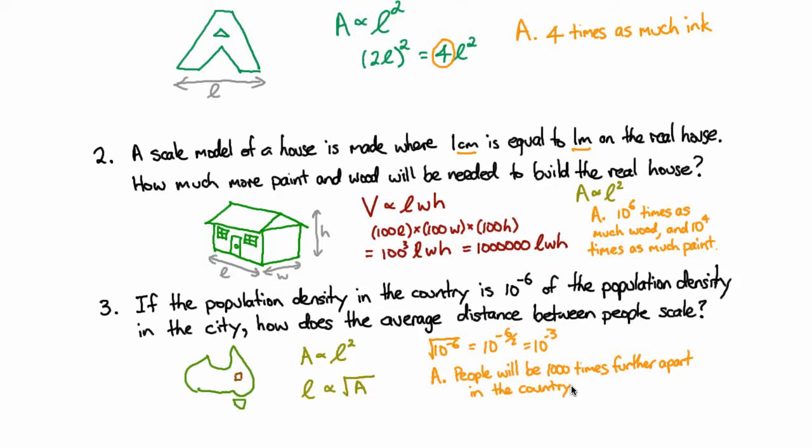And so we knew we needed 10,000 times as much paint, but 1,000,000 times more wood. And for the population density, we had to spot that population density was something per unit area, and so the length was going to go down as the square root of that. And once you get somewhat comfortable with these kinds of scaling arguments, it becomes much easier to estimate things that are outside your experience by relating them to things that are in your experience.